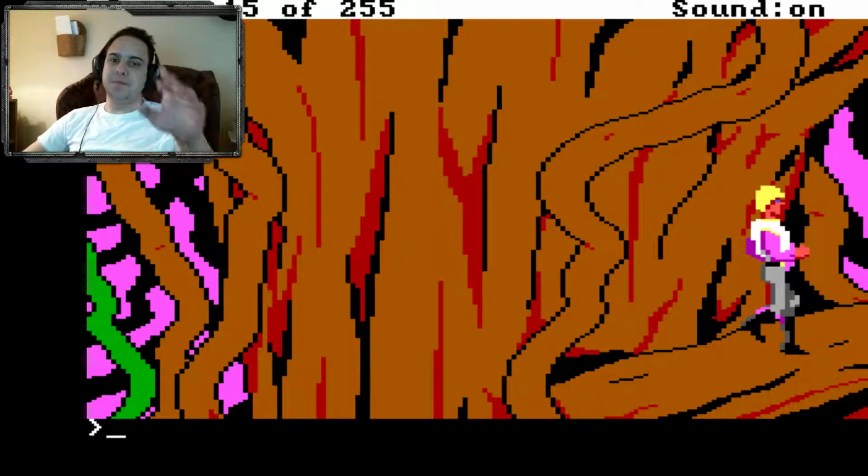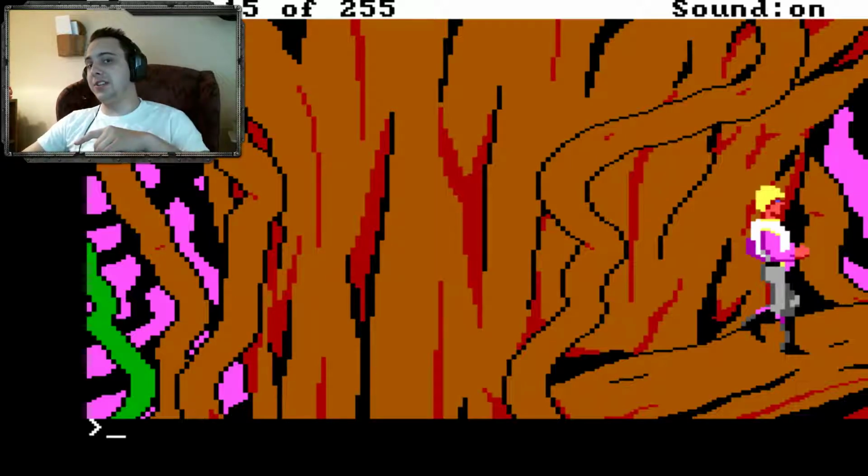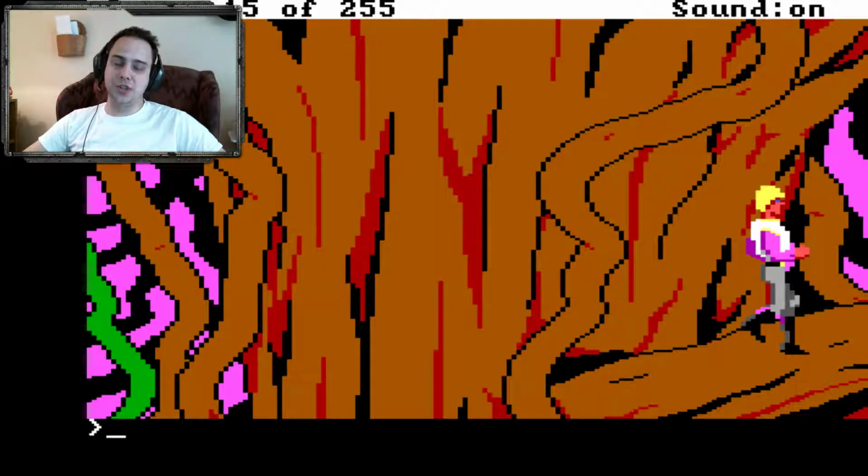This game and Space Quest Zero Replicated, the one I just did before, are actually created with the same engine called Adventure Game Interpreter. This is the original engine used by Sierra Online to create adventure games.